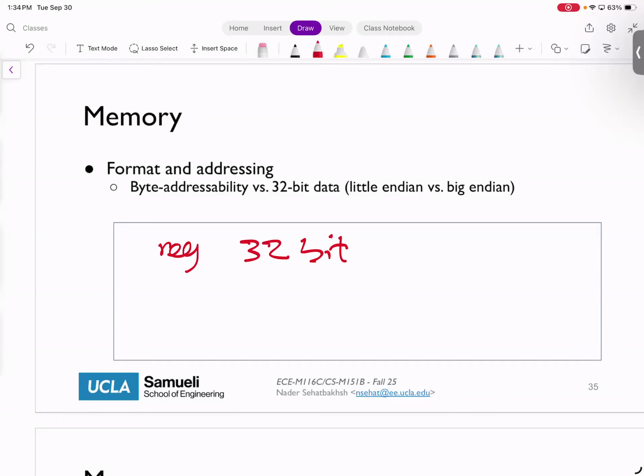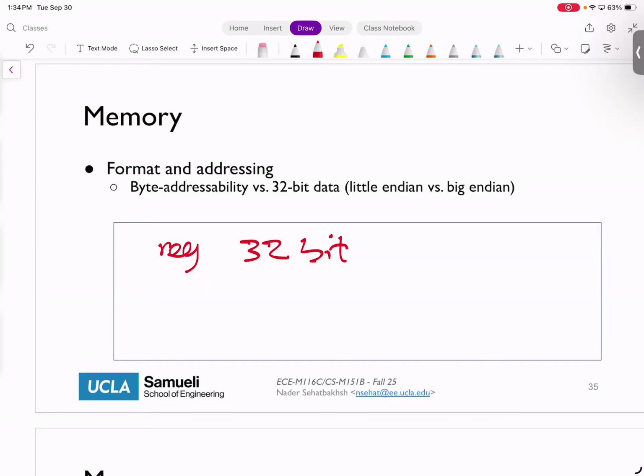I can occupy just one register, write things in 32-bit chunks, and read things from 32-bit chunks, okay? But it's very important in legacy systems to maintain what we call byte addressability. That is, I need to be able to access the memory at byte level. I don't want to access the memory at 4-byte level. I want to be able to access memory at the byte level.